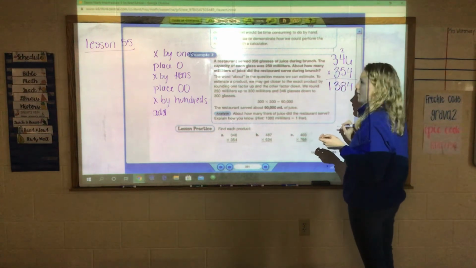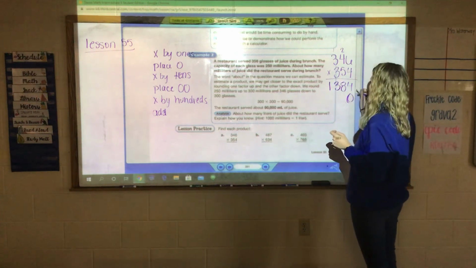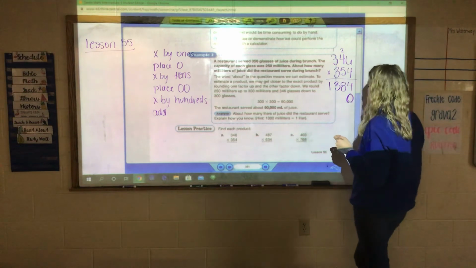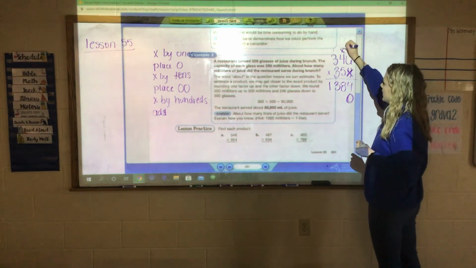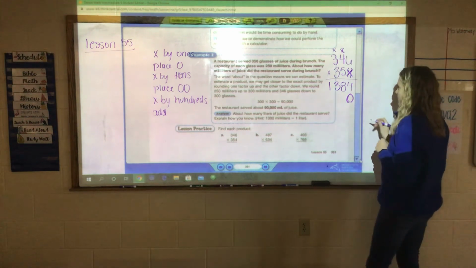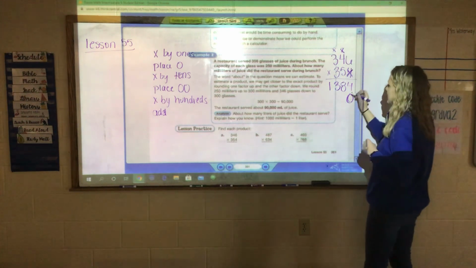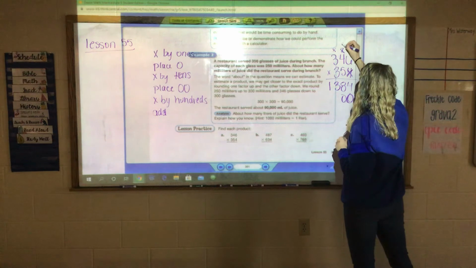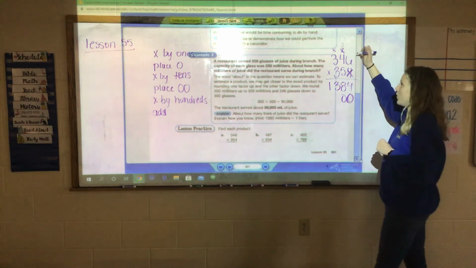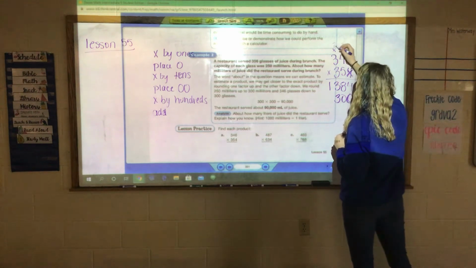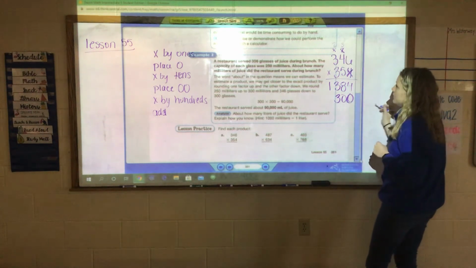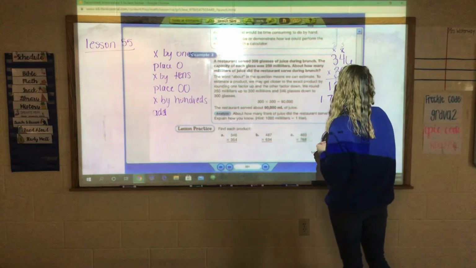All right, put my placeholder 0, because now I'm crossing this off and I'm multiplying by tens. 5 times 6 is 30. 5 times 4 is 20 plus 3 is 23. 5 times 3 is 15 plus 2 is 17.